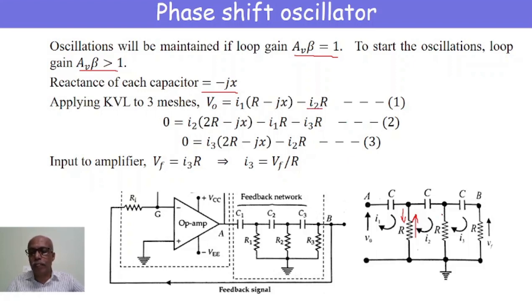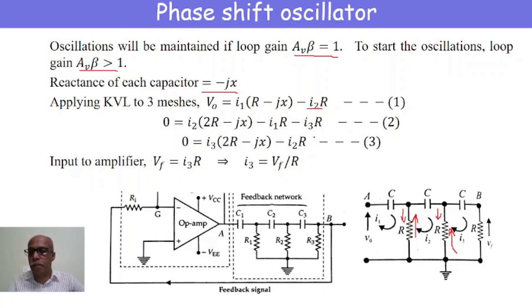Similarly, applying it to the second loop, there is no voltage, so 0 equals I2 into (R plus R, that is 2R, minus jX), minus I1R, and similarly minus I3R. This is the direction of I2 and this is the direction of I3.